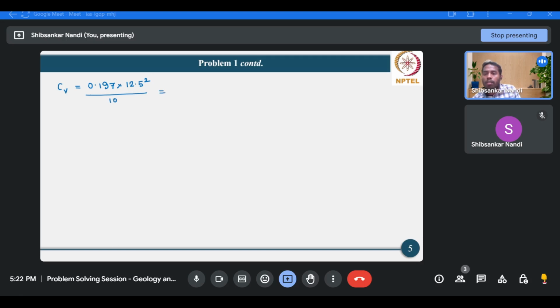So that means 3.08 millimeter square per minute. Okay, so we have got the coefficient of consolidation.